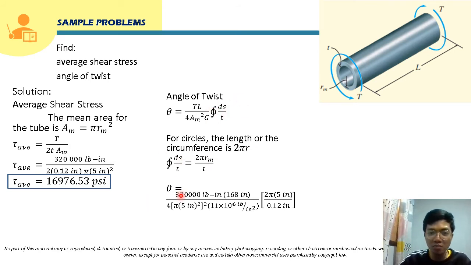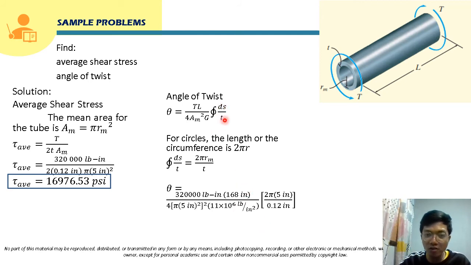Theta will be equal to T, which is 320,000 pound-inch, times the length, which converted to inches is 168 inches, over 4 times A sub M. A sub M is pi times r_m, which is 5 inches, squared. And don't forget that this A_m is squared, so you have to square it further.